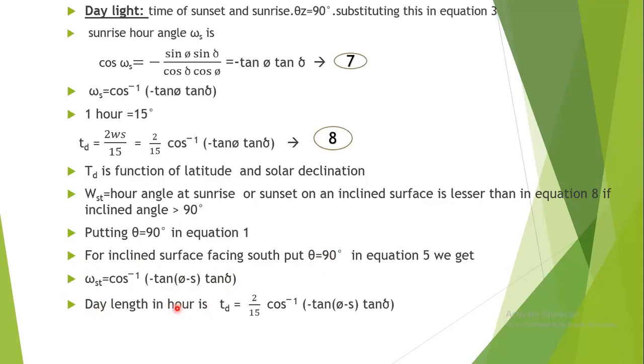So day length in hours TD is equal to 2 by 15 of cos inverse of minus tan (phi minus s) tan xi.